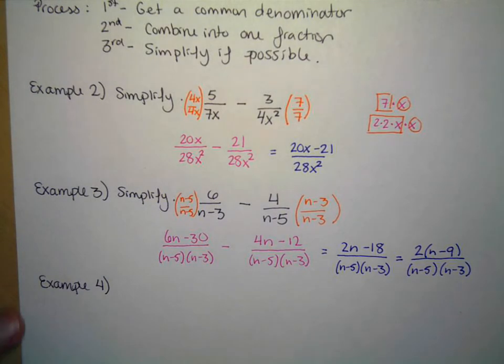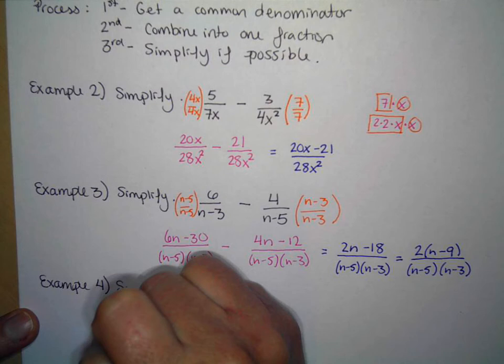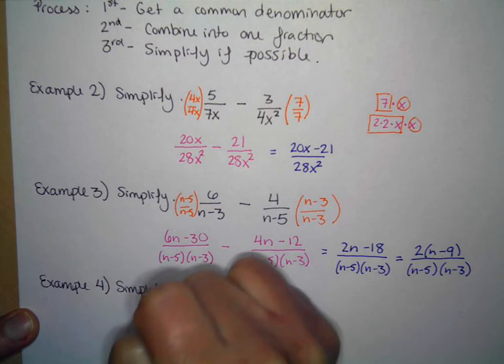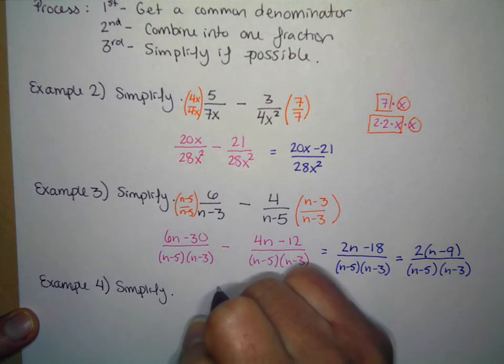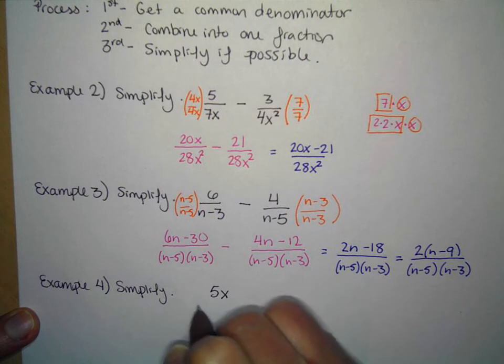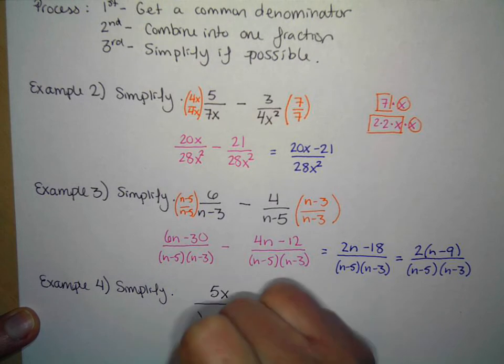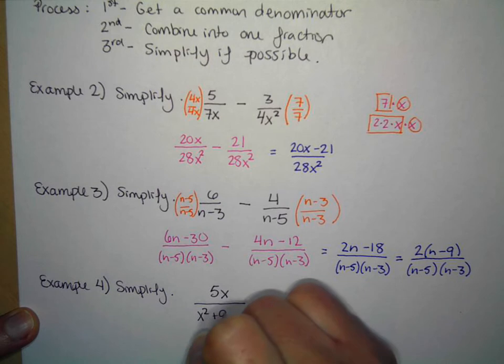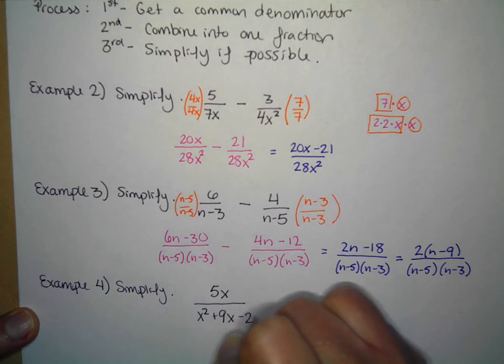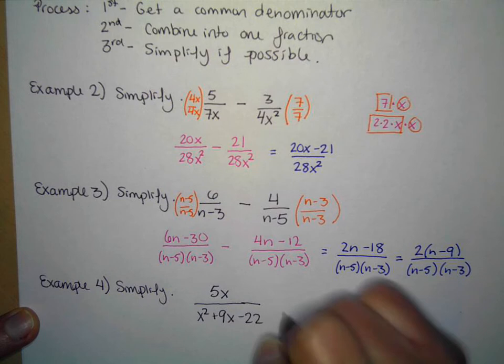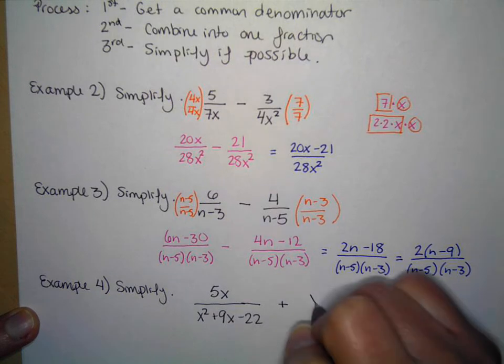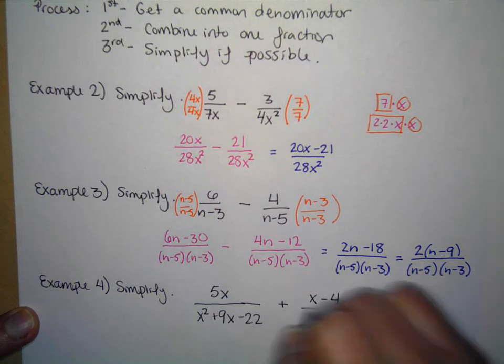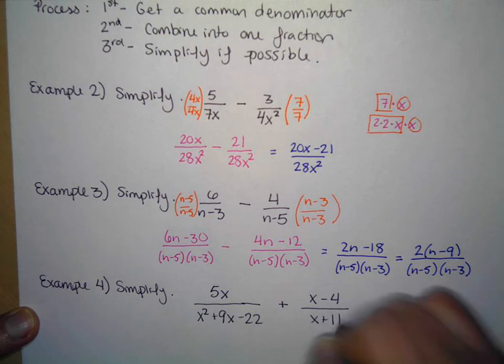So example 4, we're going to simplify 5x over x squared plus 9x minus 22 plus x minus 4 over x plus 11.